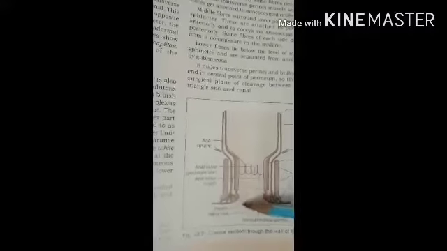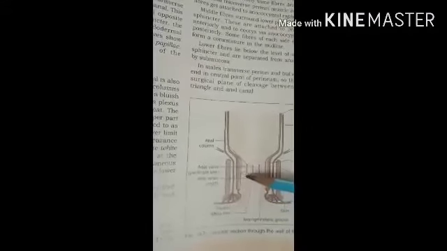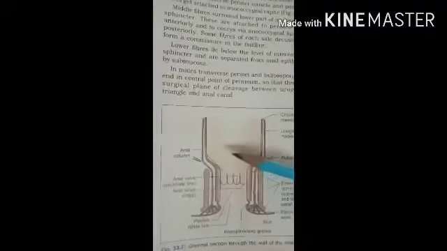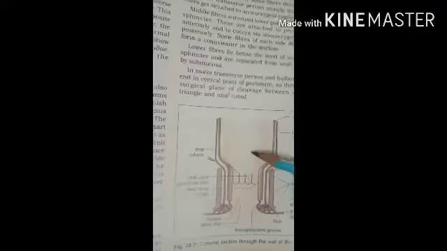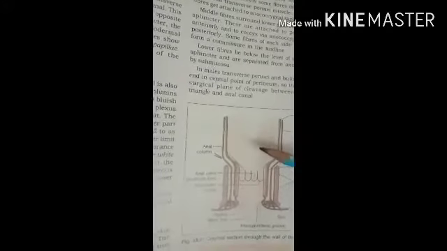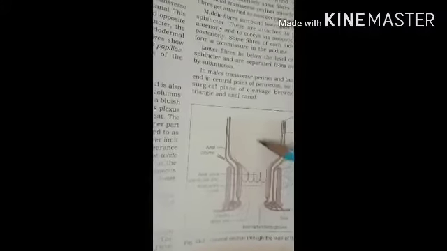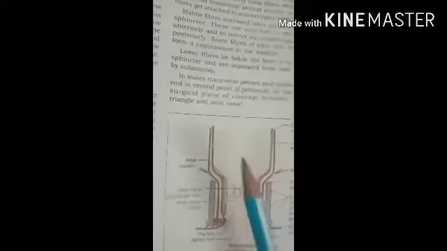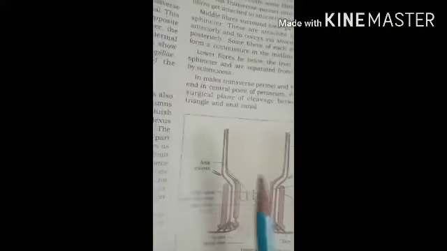So it is called complete prolapse, or clinically procidentia. Okay. Then some clinical points related to the rectum: IBS, irritable bowel syndrome. Sometimes the rectum suffers from chronic colitis and amoebic dysentery. Okay. So these are the clinical points related with the rectum.